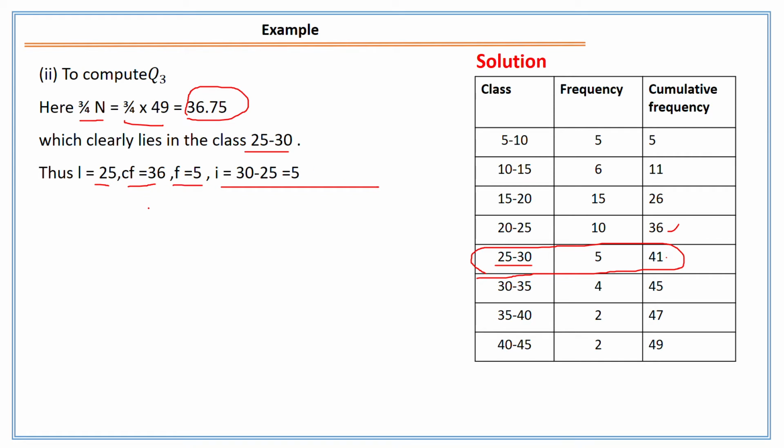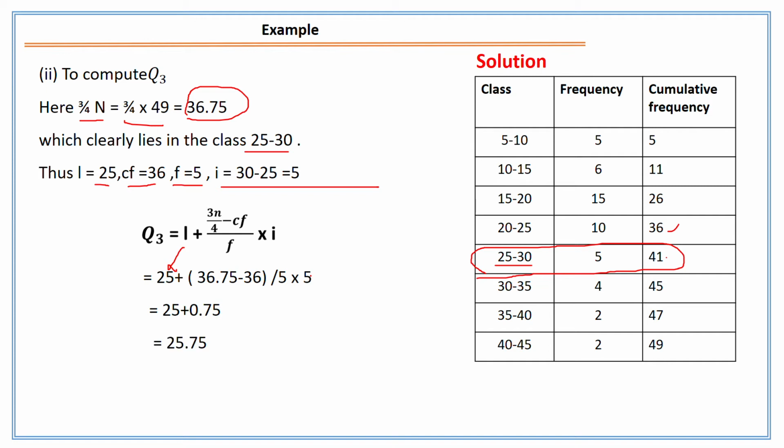Now we will put all these values in the formula for Q3: L plus 3 by 4 n minus Cf upon F into I. L is 25, this is 36.75 minus 36 upon 5 into 5, so 25 plus 0.75. Our Q3 is 25.75. Now I want you to observe one thing.